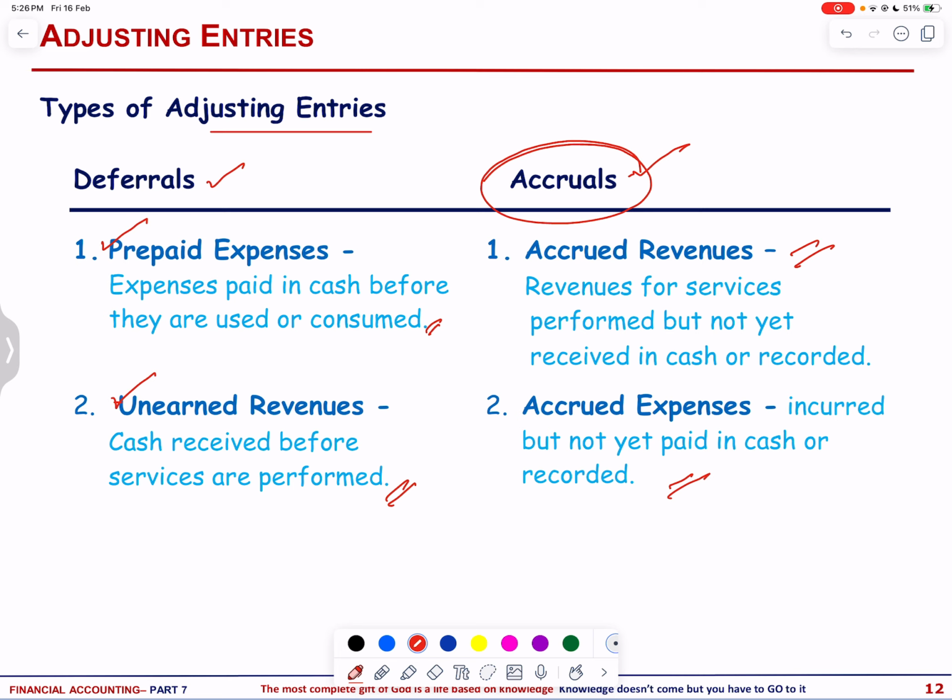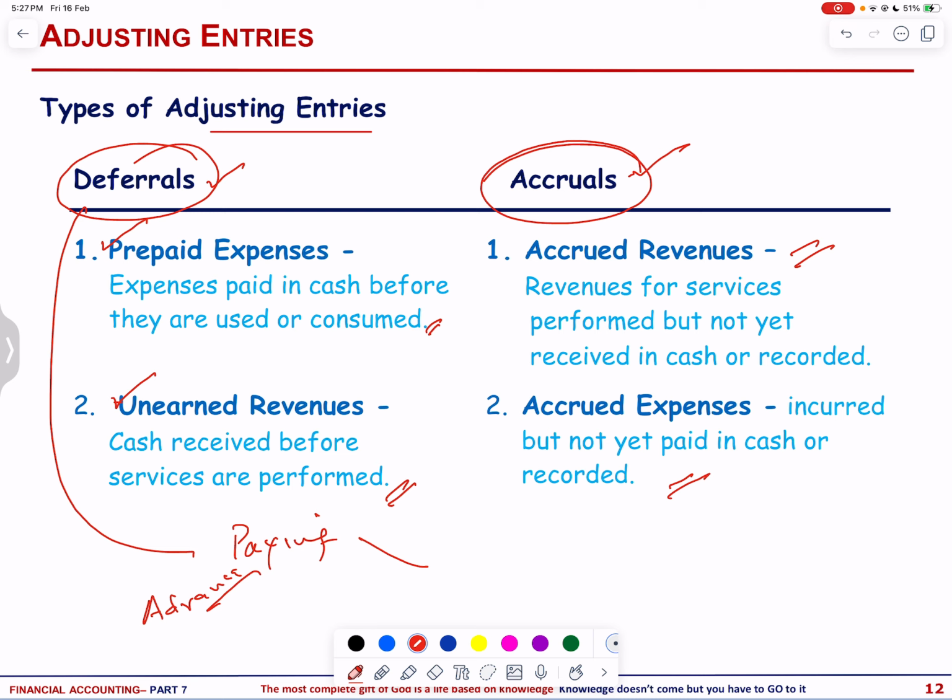So, in the case of deferrals, the company is either paying in advance or receiving in advance.